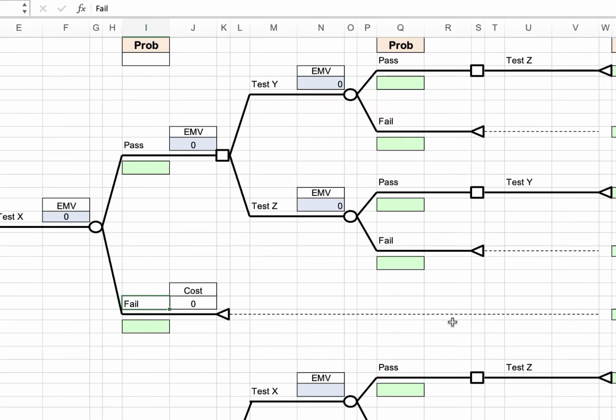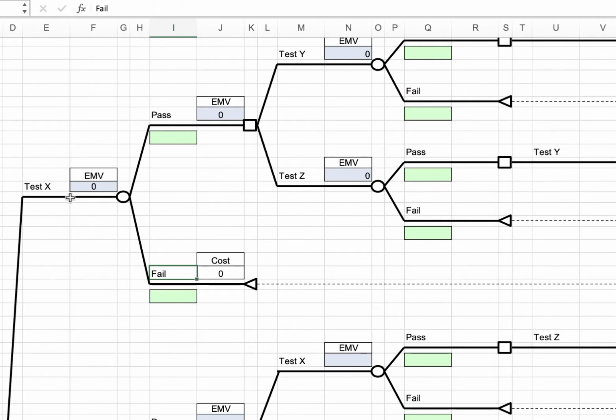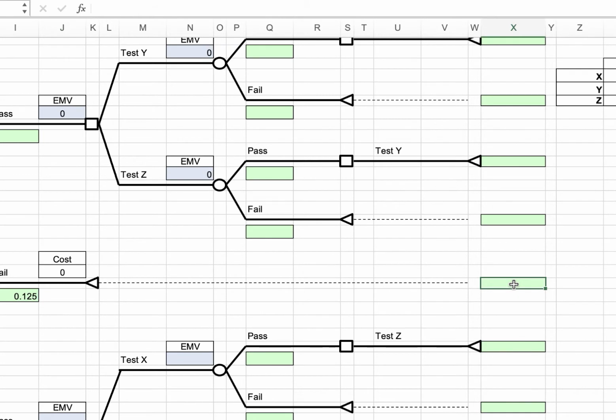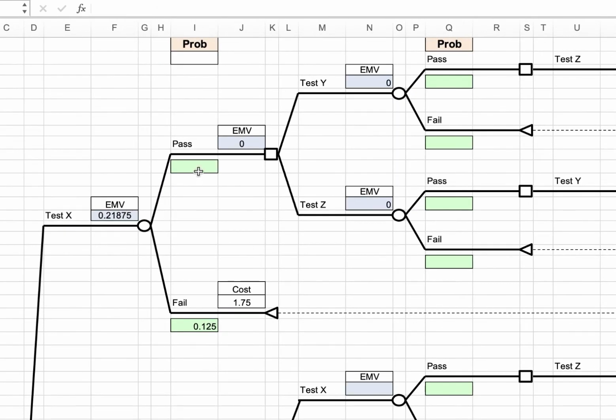So first of all, if we begin with X and fail, we see that the probability of failure of test X is 0.125. So 12.5% of the time we're going to fail that test and then our total cost on the decision tree would be only $1.75. But some of the time we're also going to pass.